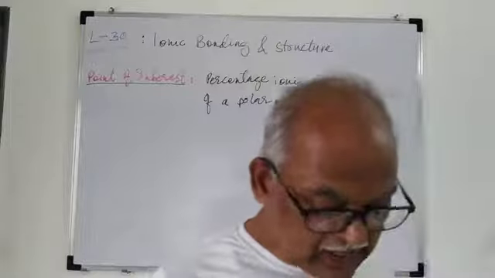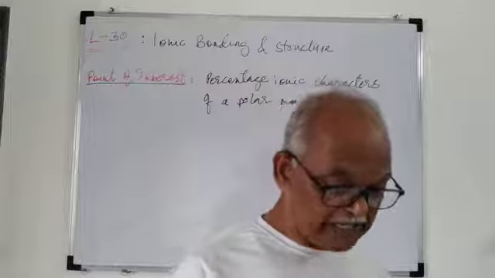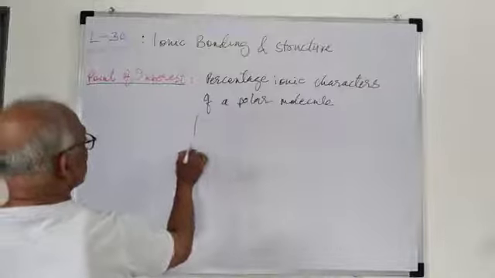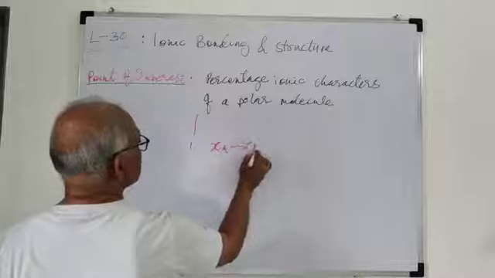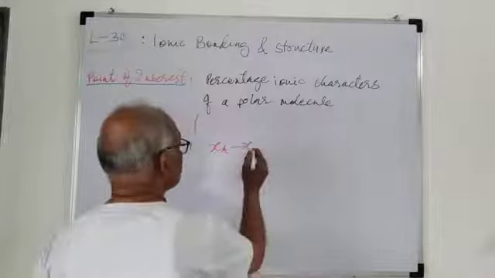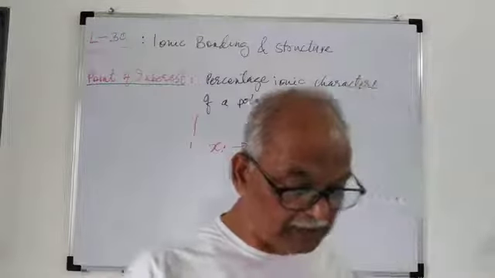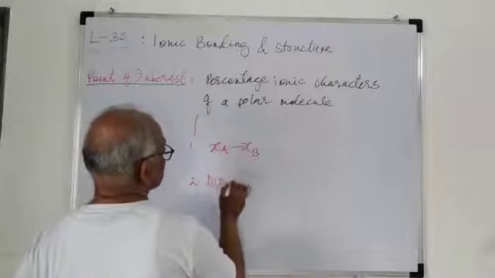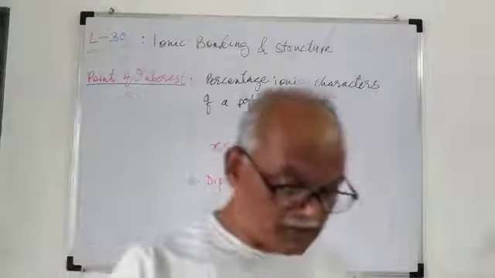The percentage ionic characters in the molecule depend upon two factors. One is the difference Xa minus Xb, that is the electronegativity difference of the two bonding atoms. Then it also depends upon the dipole moment of the bond of the molecule.